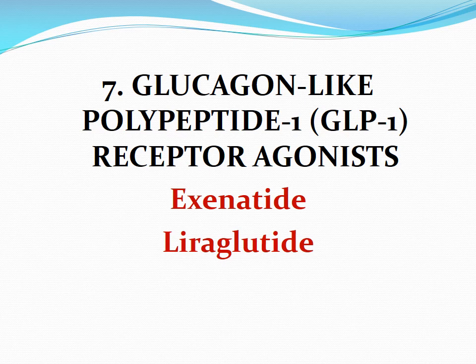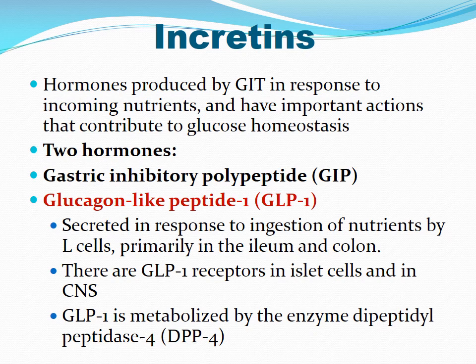For type 2 diabetes, another group is the glucagon-like peptide 1, or GLP-1, receptor agonists, which include exenatide and liraglutide. Incretins are hormones produced by the gastrointestinal tract in response to incoming nutrients. They have important actions that contribute to glucose homeostasis.